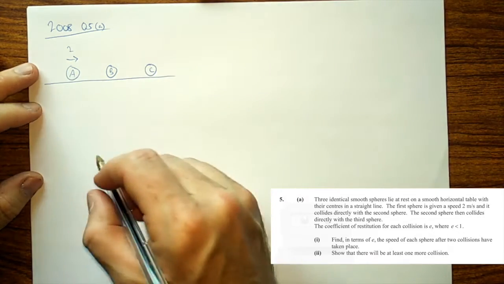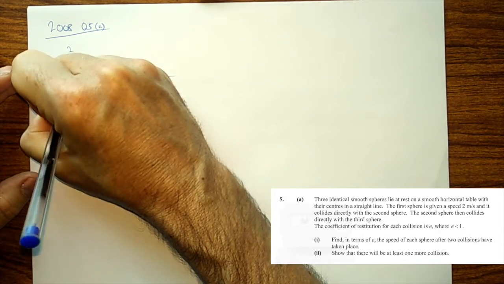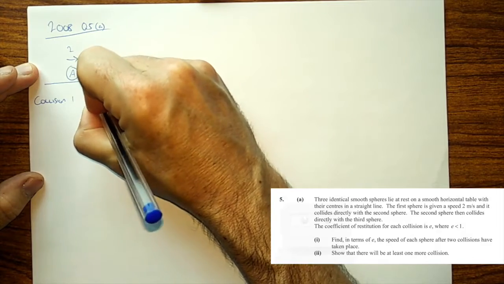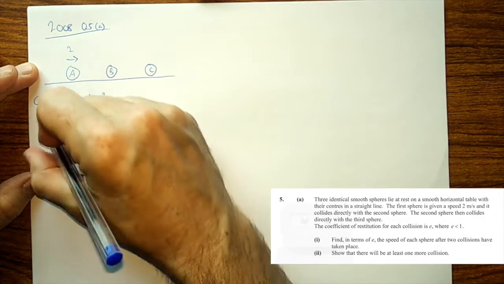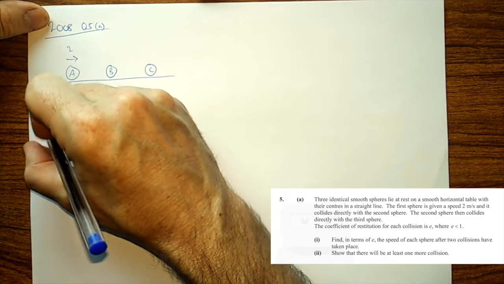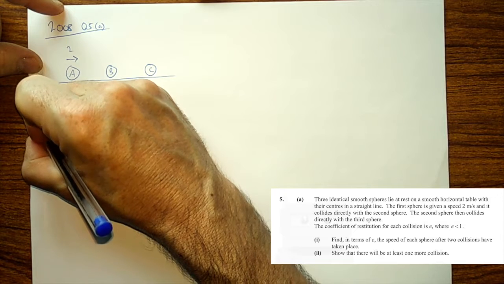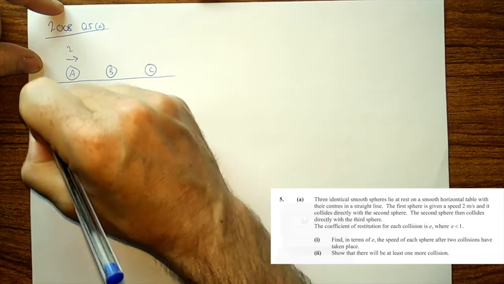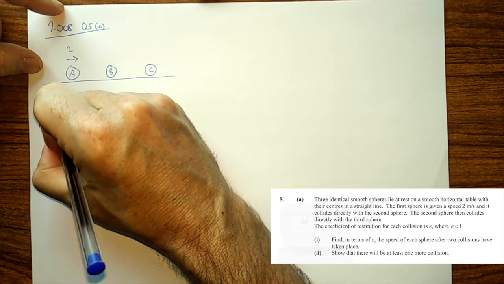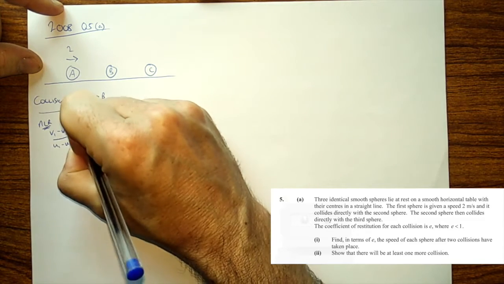So let's lay this out. First of all, collision 1 is A into B. This is so simple we can go straight into it. Our Newton's law of restitution is (V1 minus V2) over (U1 minus U2) equals minus e.